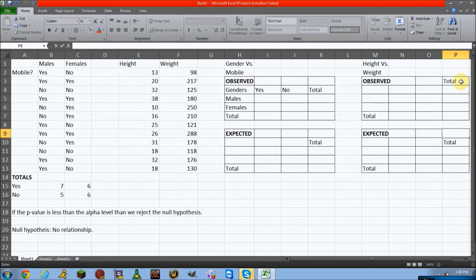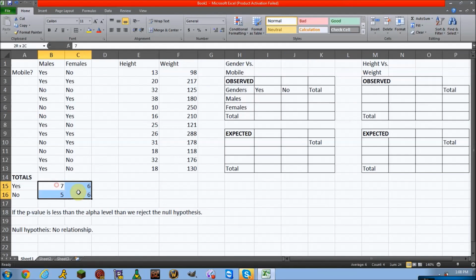Sorry about this, I kind of screwed up on the charts here. Alright, so there we go. So I basically separated my table into males who have a mobile device, females who have a mobile device, males who don't have a mobile device, and females who don't have a mobile device. This is basically how you would need to set up your table.